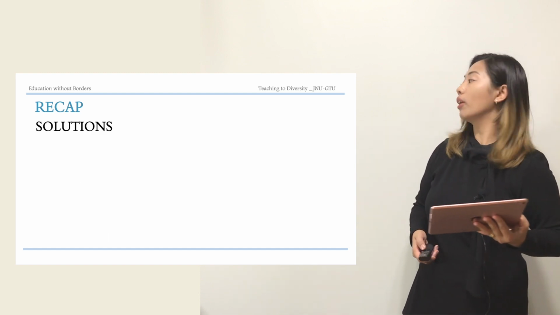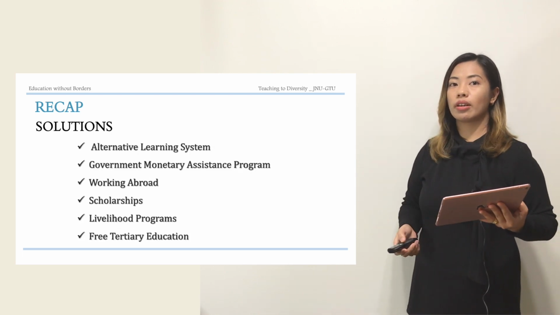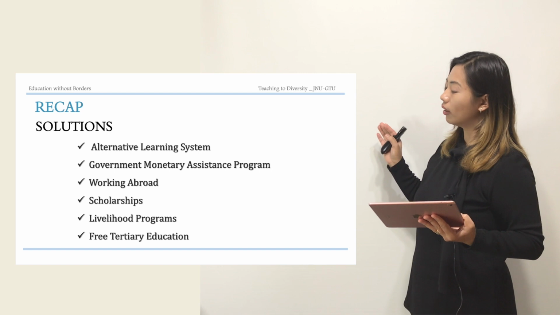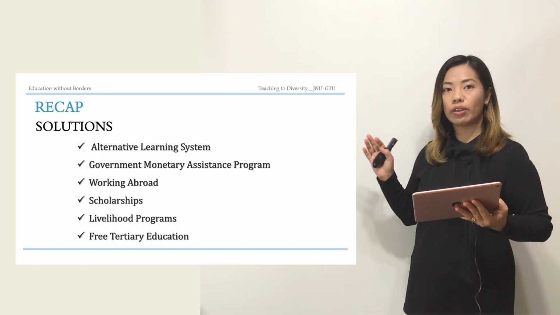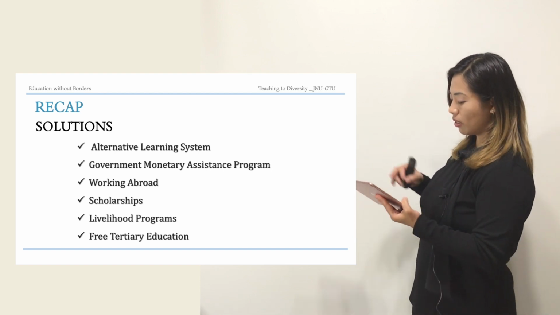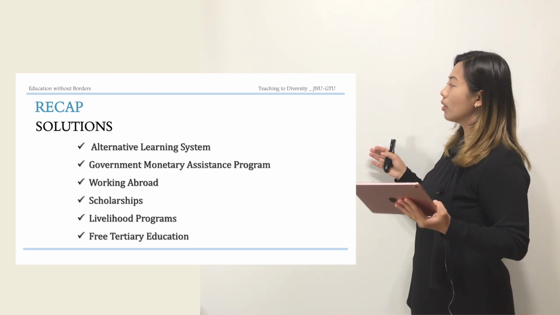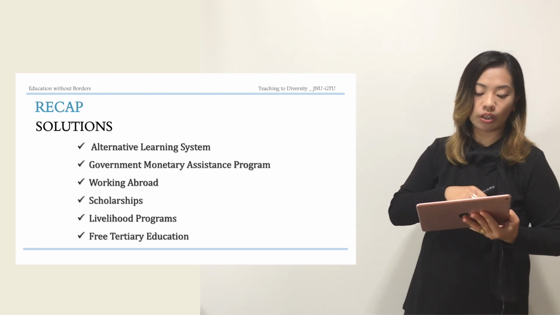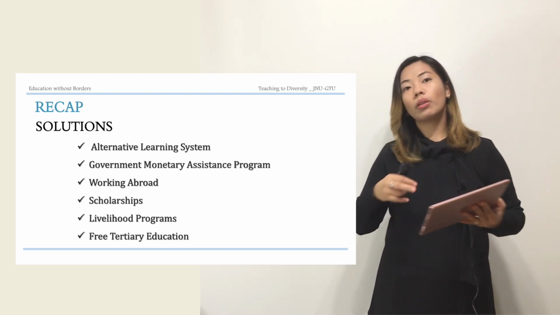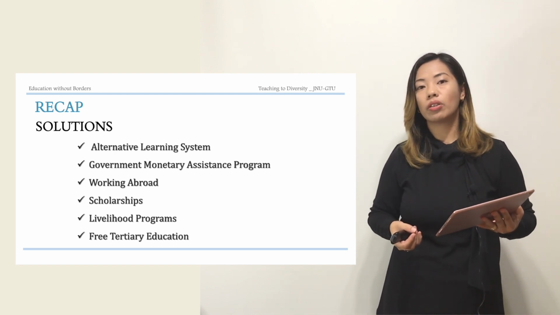And some of the implemented solutions that we have discussed are ALS, Alternative Learning System. We also have the assistance program, working abroad, scholarships, livelihood programs, and free tertiary education. These are just some of the factors affecting the Philippine education system.